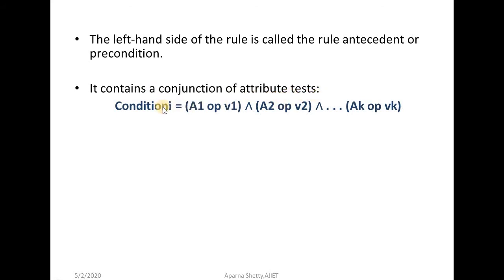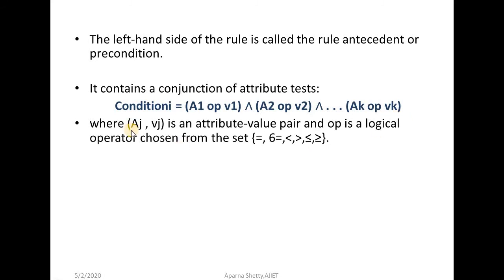That is, condition i is equal to A1 operator V1 and A2 operator V2 and so on, finally up to Ak operator Vk, where Aj, Vj is an attribute value pair.